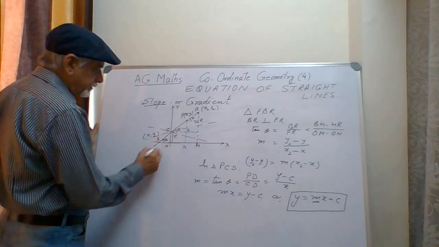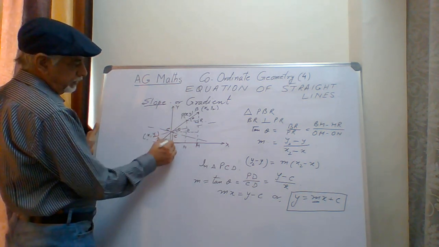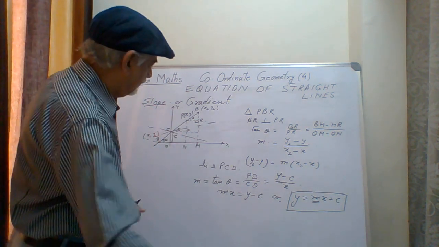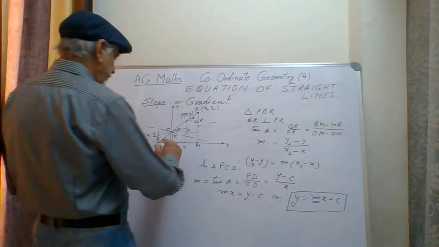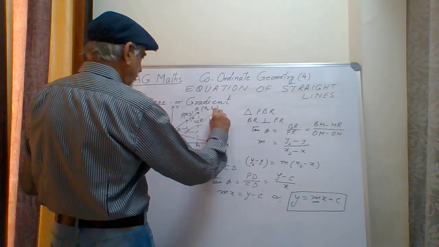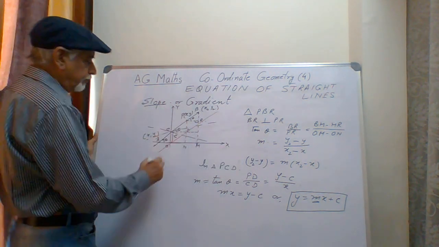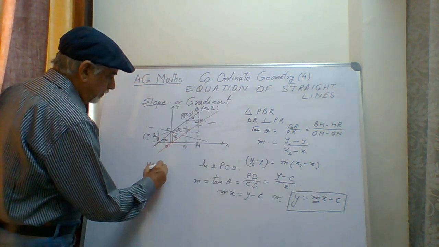Now if c is 0, c is 0 means this value is coming 0. That means the line is now passing through what? The origin. If I make c is 0, then the line will look like this. If it is passing through 0, then we can say y is equal to mx.